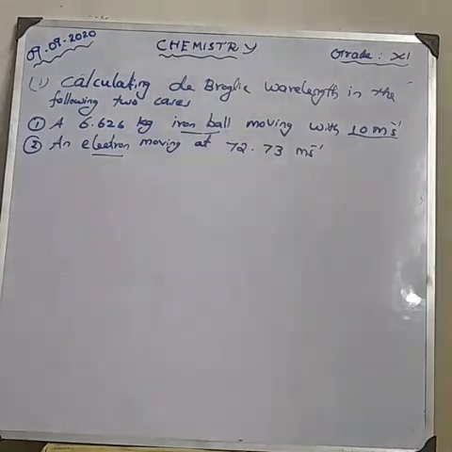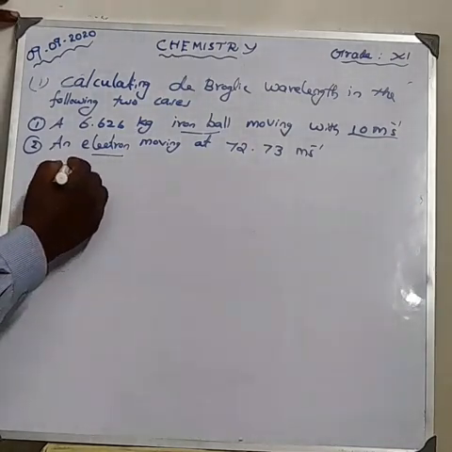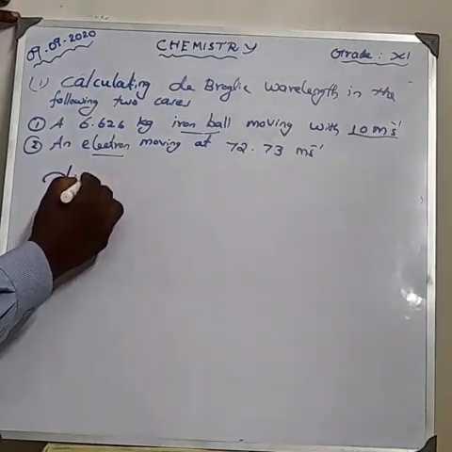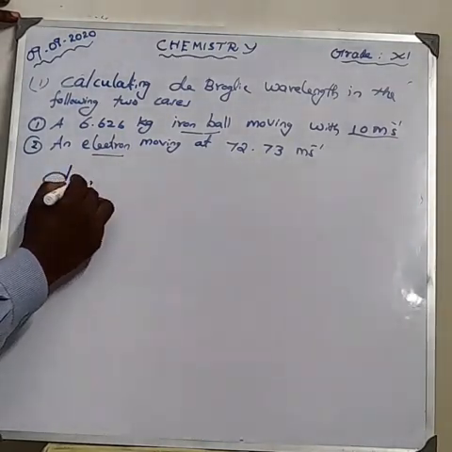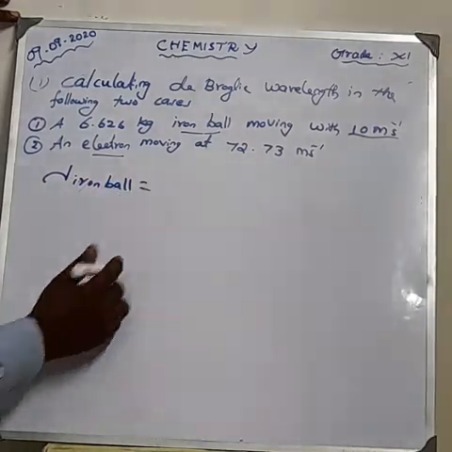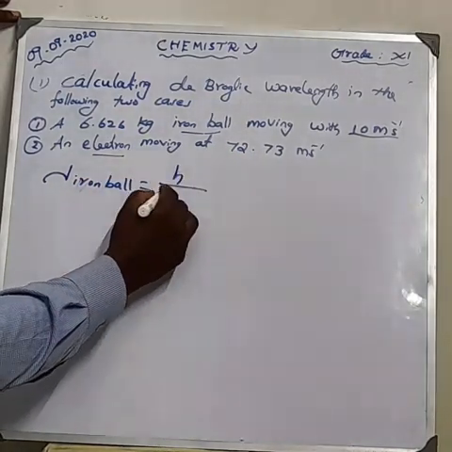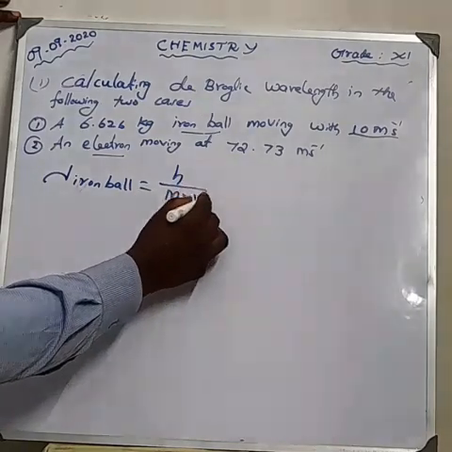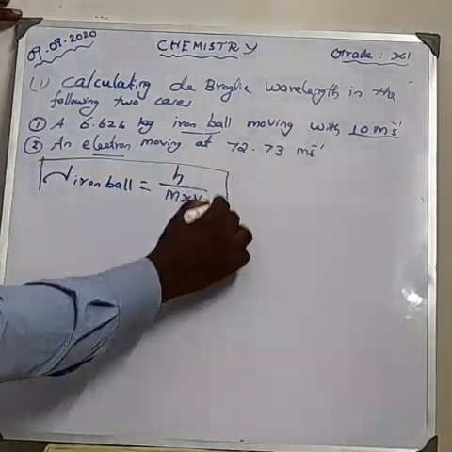First you write the formula: lambda for iron ball is equal to h by mass into velocity. This is the formula.